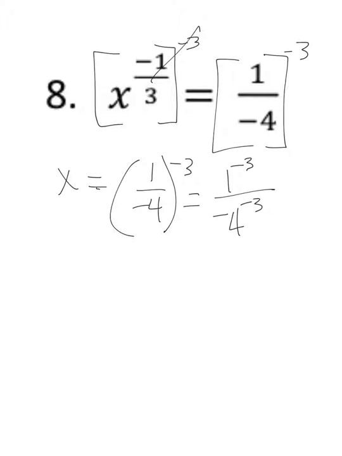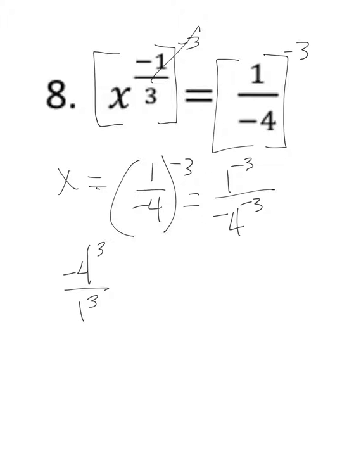So we're just going to turn it upside down, and the 1 to the negative 3 will become 1 to the 3rd on the bottom, and the negative 4 to the negative 3 will end up as negative 4 to the 3rd on top. A lot of people try and change that negative out front. The only negative sign that changes when you switch sides is what's in the exponent.